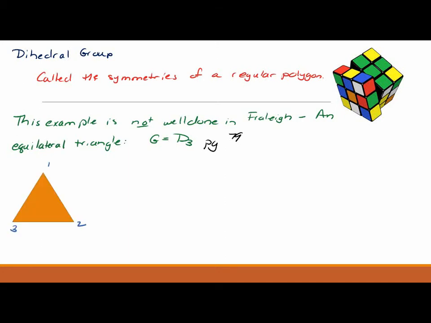So I wanted to go through D3, the equilateral triangle, and form all the elements in this group. So the first is the one that leaves it unchanged. I'm going to call that R0. Here's my equilateral triangle. I do nothing to it. It stays an equilateral triangle.